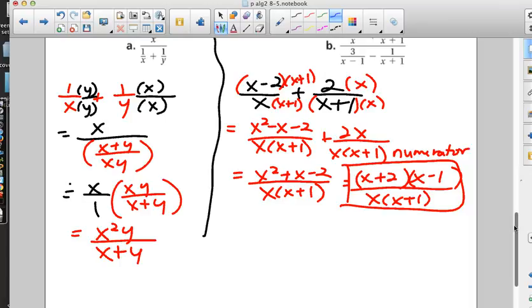All right. Now, down on the bottom. What should be our first step on the bottom? Subtraction. Add a negative.